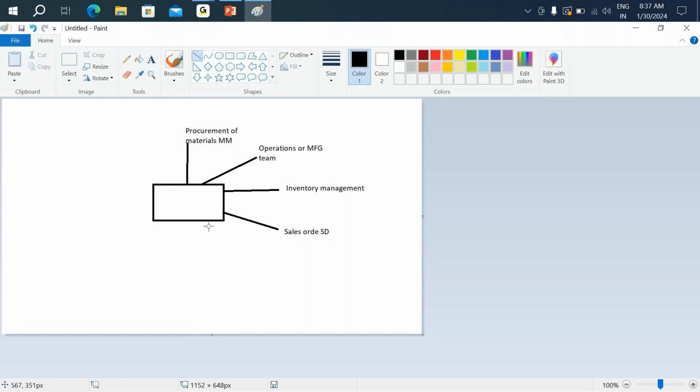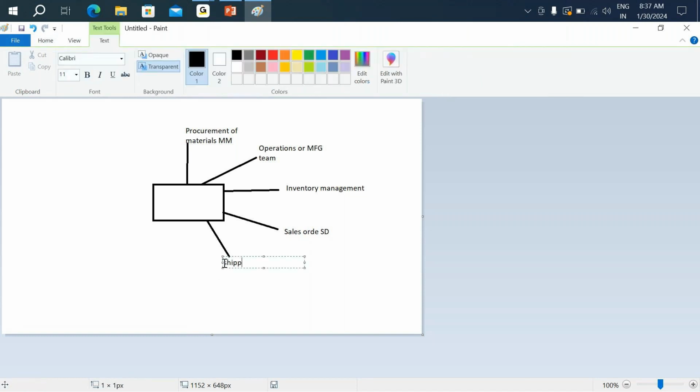you'll have to ship it. Then comes your shipping. This will be taken care of by your SCM team. SCM means supply chain management. So these people will be the logistics teams, like delivering things, moving things, shipping things will be taken care of by your supply chain management team.